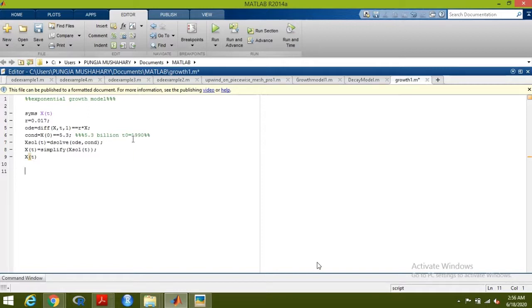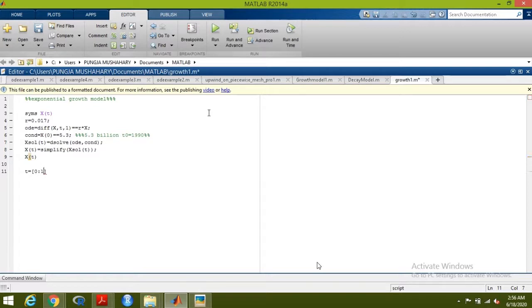So here we have taken t node as 1990, so we will increase it with 5 years, 2 years, 1 year, like 1991, 1992, and so it keeps on going. So let us take a set of time, t equal to, starting from 0, the initial one, 1990.